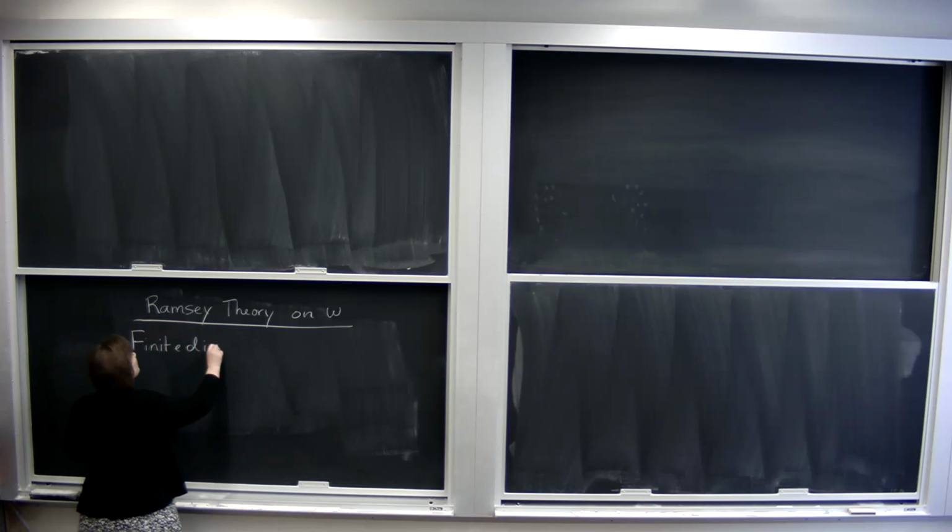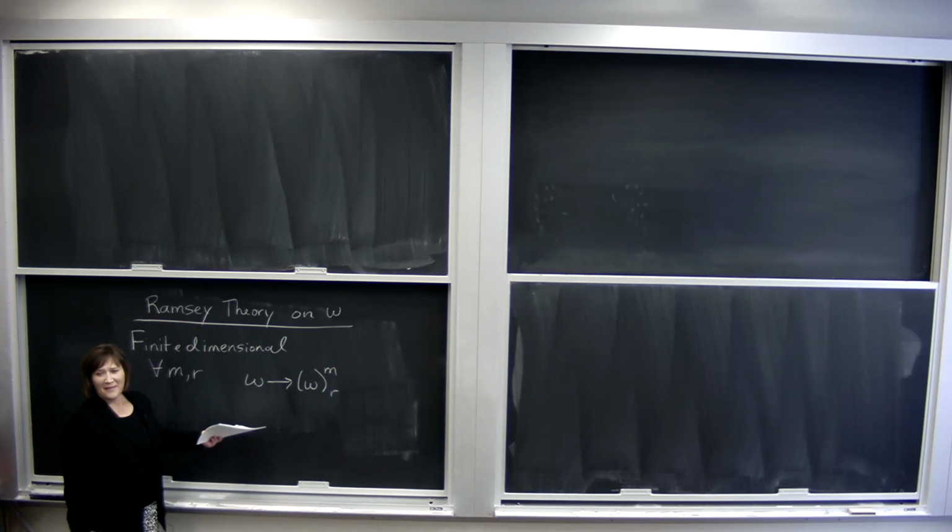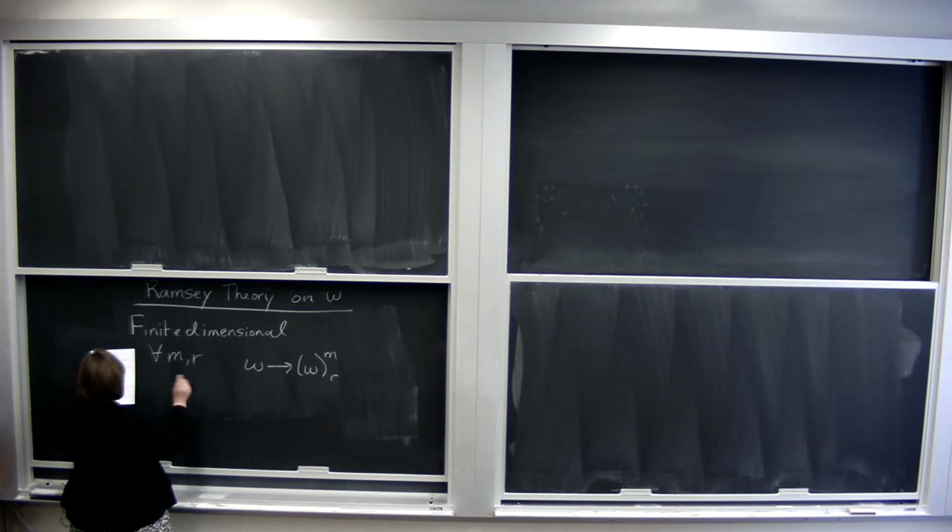Right, so Ramsey theory on omega, we have the finite dimensional version, which is for all m and r, omega arrows omega m r. All right, so I think by now in the semester, people are getting used to this notation, but I will just write this out for a quick second.